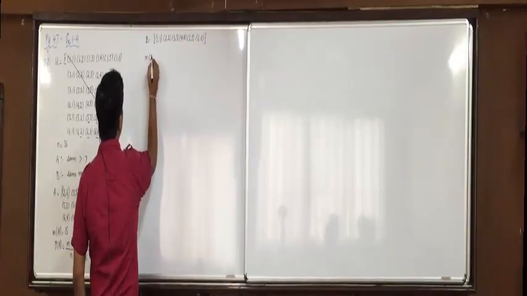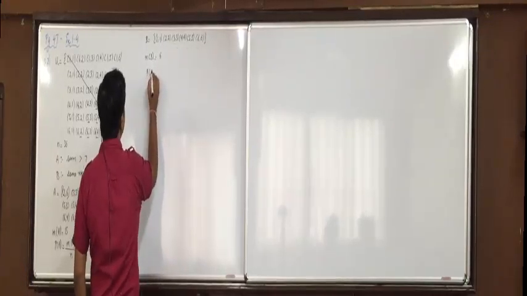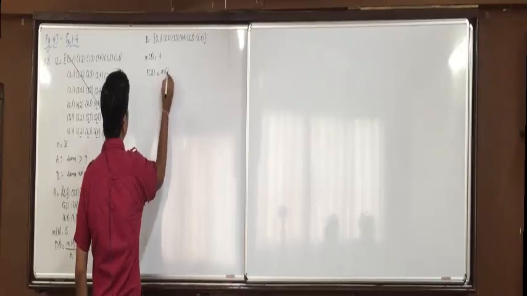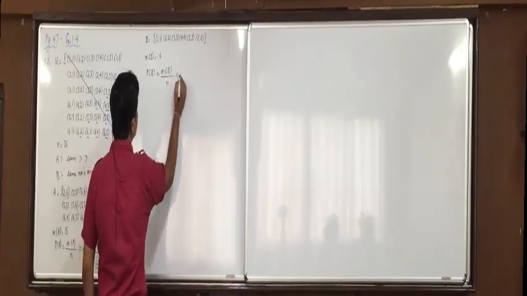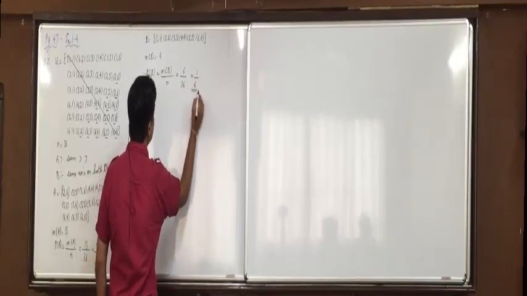What will be n(B)? 6. And P(B) will be n(B) upon N, 6 by 36, 1 by 6.